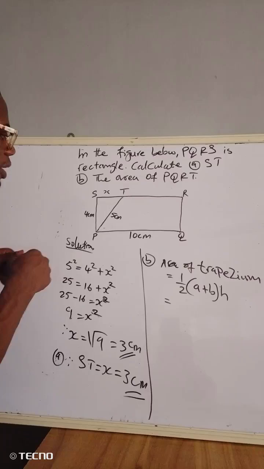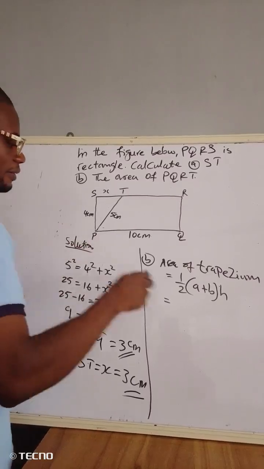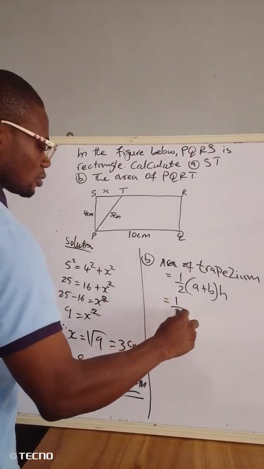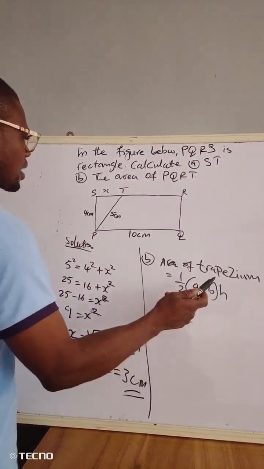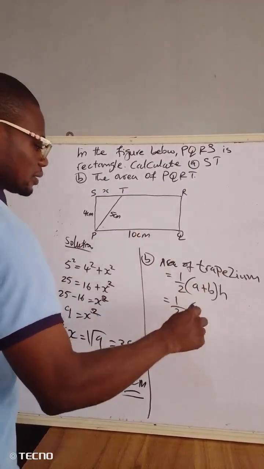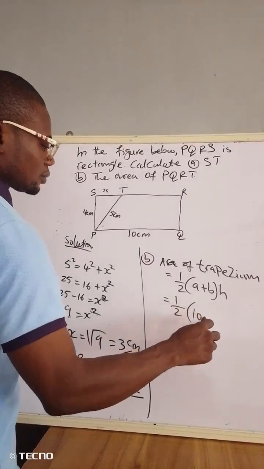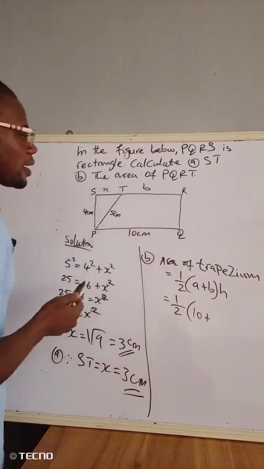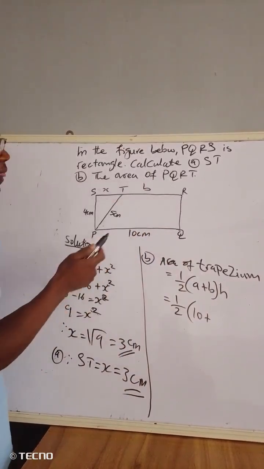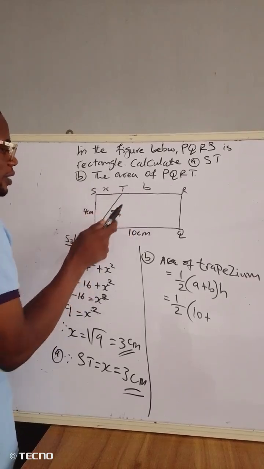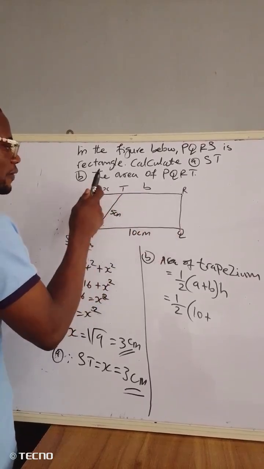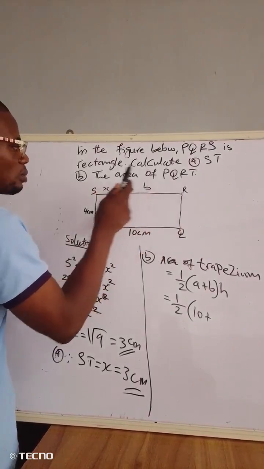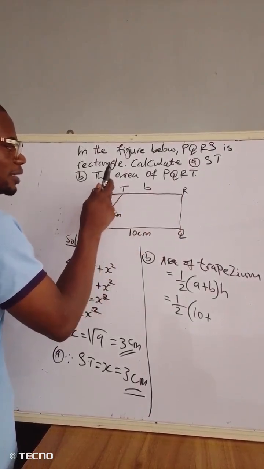In this case, we have 1 over 2. Let me say my a is 10. What about my b? How do I know my b? You already know that from here to here is 10, and here we have 3.